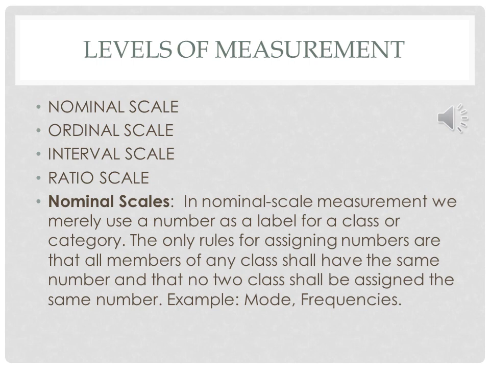All the members or all the characteristics of that class will be the same. The only rule for assigning the numbers is that all members of any class shall have the same number, and that no two classes shall be assigned the same number. So if you go on to the next class, the same number cannot be used as in the first class.